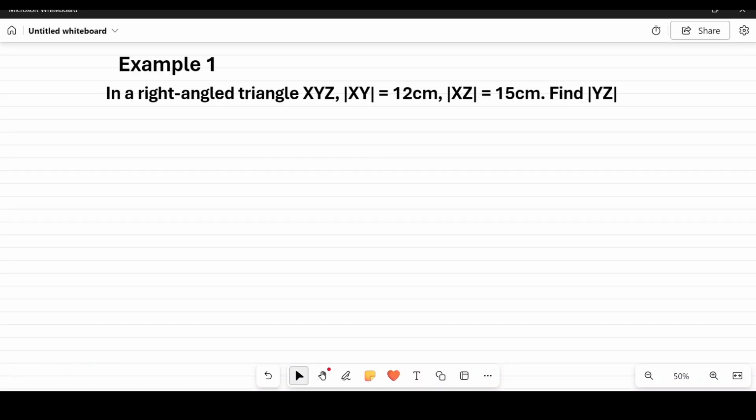Now, let's take example 1 of our Pythagoras Theorem. In a right angle triangle XYZ, line XY is equal to 12 cm, and line XZ is equal to 15 cm. Find line YZ. To solve this problem, we have to represent it in a right angled triangle. So let's start with writing our solution.